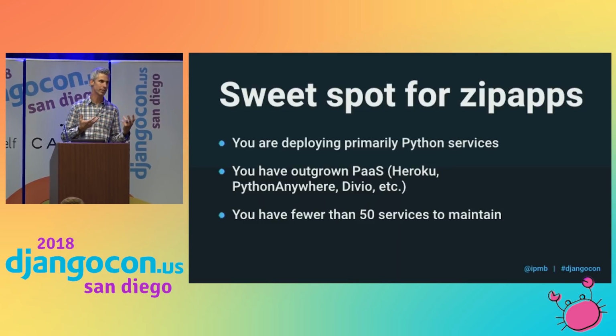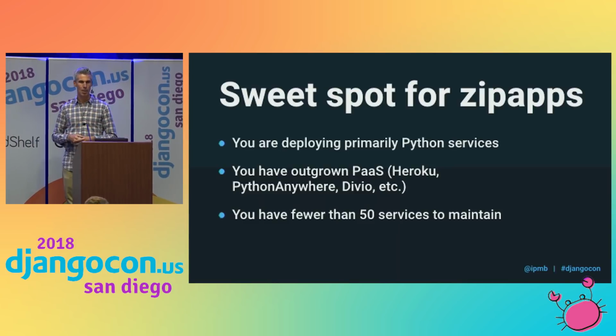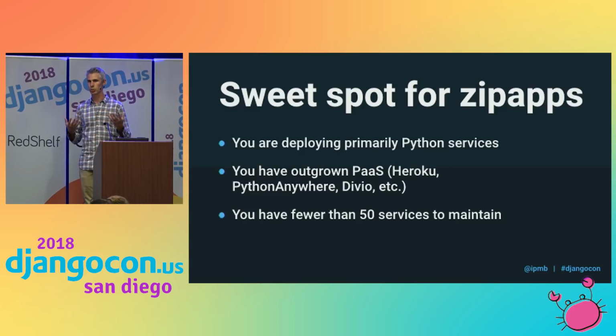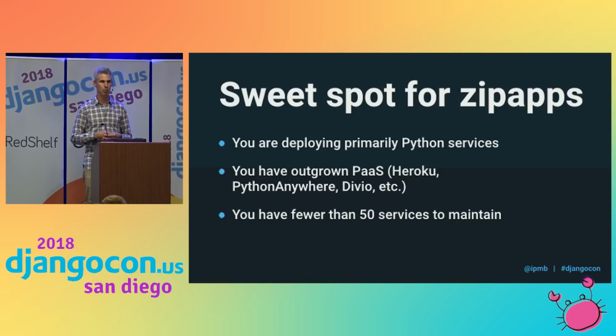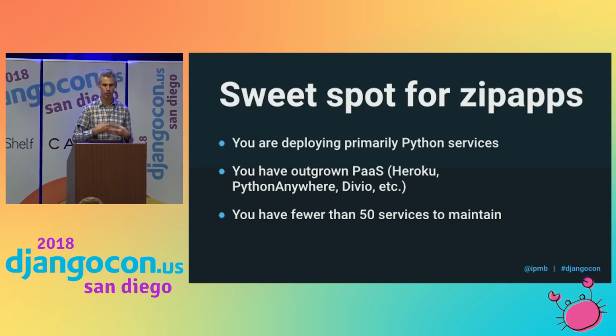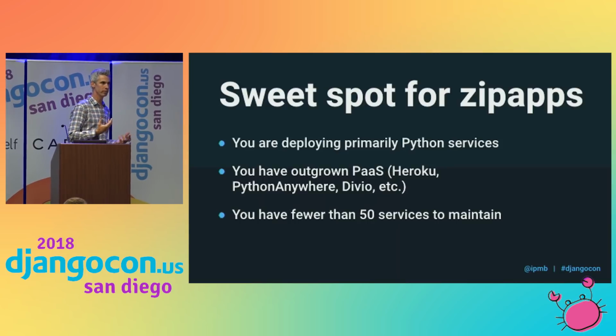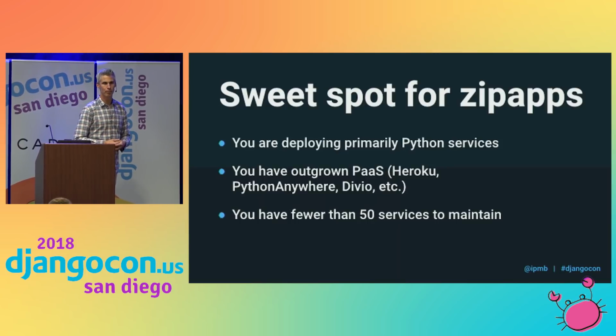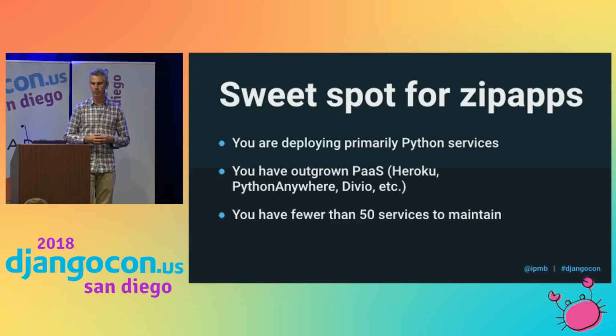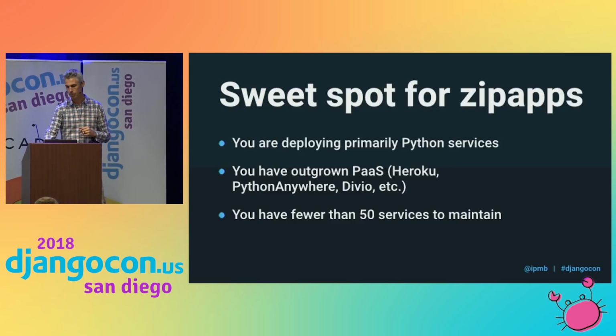It's designed for doing exactly that. But most people aren't Google scale. Most people are not deploying hundreds and thousands of services. Most people are deploying 1, 2, 10, and at that scale, the payoff might not be there.